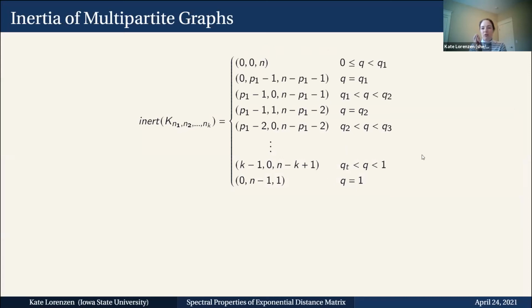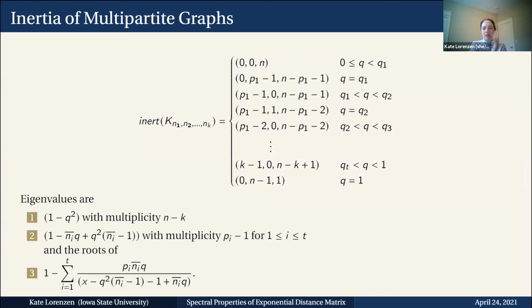There are actually very specific values of Q where some of my eigenvalues are going to be 0, and then they're going to be negative after that. This follows from the fact that for our multipartite graph, we have eigenvalues of 3 types. The first type, these are always going to be positive. And then for my second 2, one are polynomial in Q, and the other are going to be roots of this polynomial.